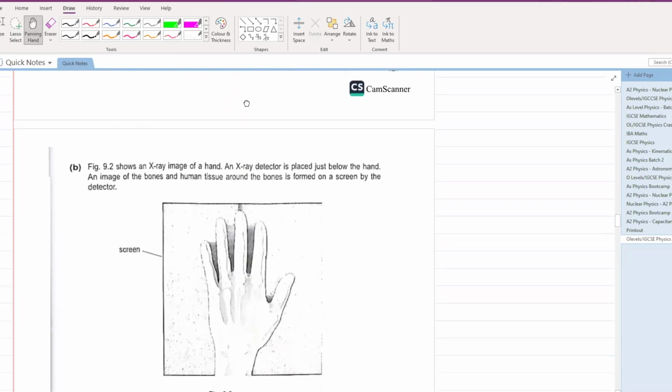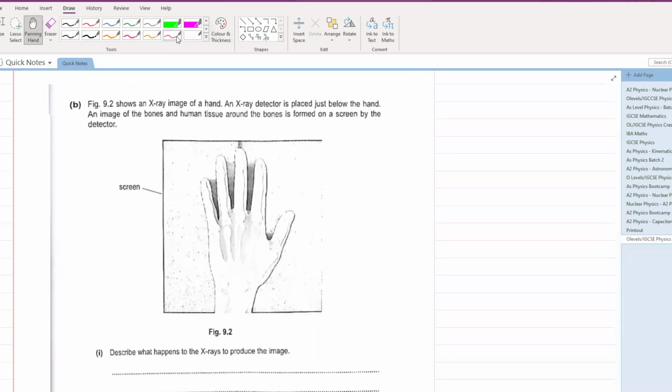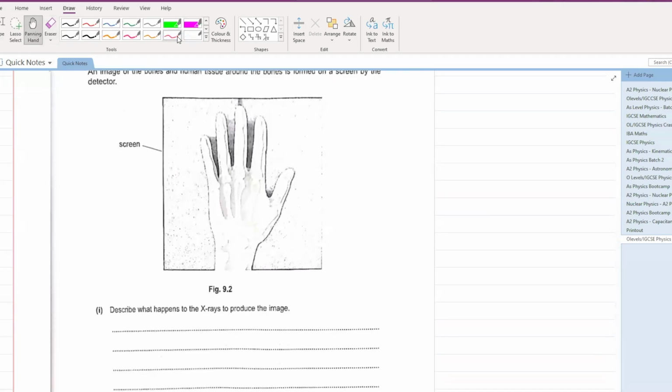Let's further move ahead. Figure 9.2 shows an X-ray image of a hand. An X-ray detector is placed just below the hand. An image of the bones and human tissue around the bones is formed on a screen by the detector. This is a scanned copy, so it might not be visible, but this entire region is black and the inner region of the hand is white.